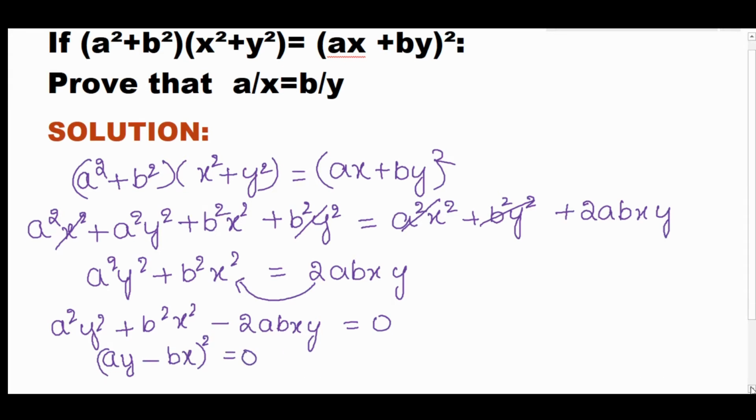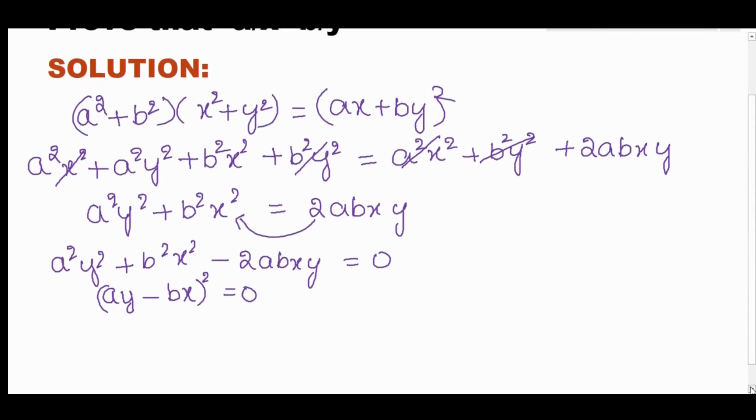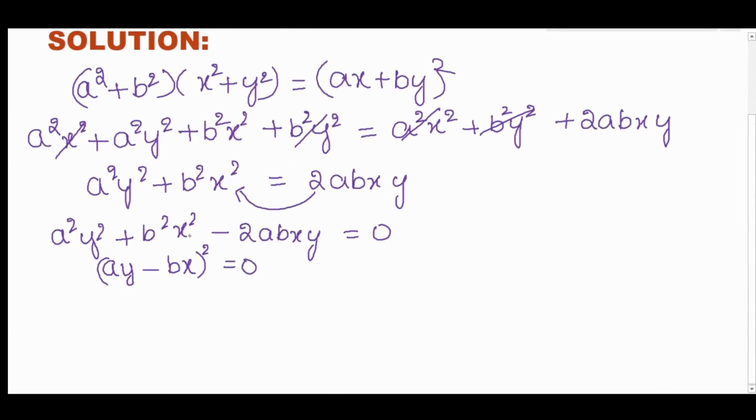So let's apply square root on both sides. On applying square root on both sides, I get ay minus bx is equal to 0. Now I can write it as ay is equal to bx.